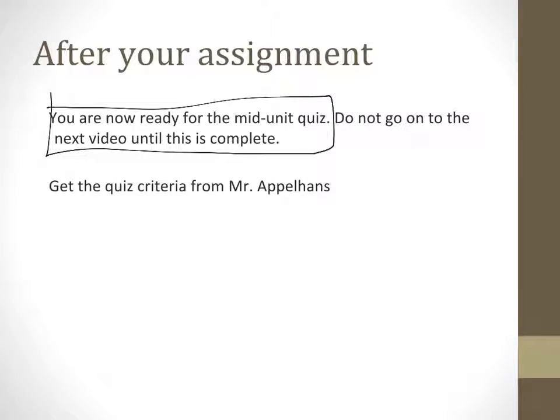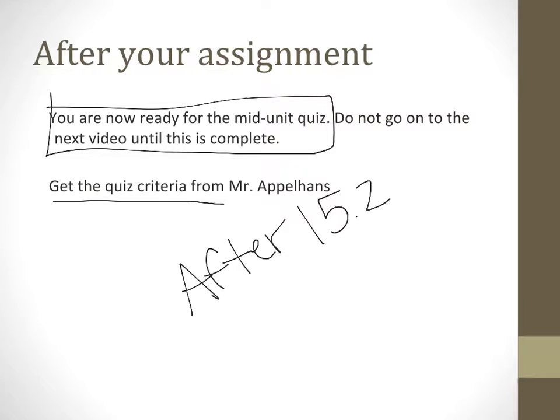So don't go on to Intro to Z-scores until you have done this assessment. Come talk to me and I'll give you what the quiz criteria is, and we'll discuss it just to make sure that you understand what you need to be doing. Again, this happens after 15.2. So don't come to me before you've finished 15.2. I will ask. So good luck with 15.2. If you have questions, make sure you ask.